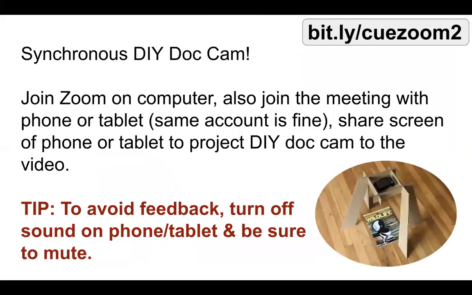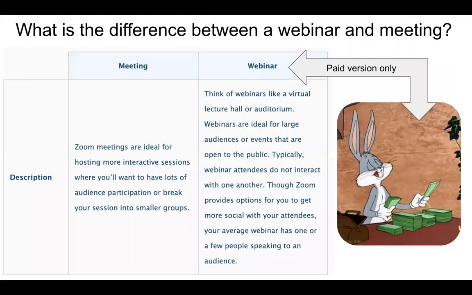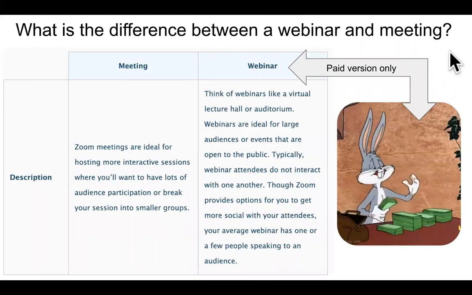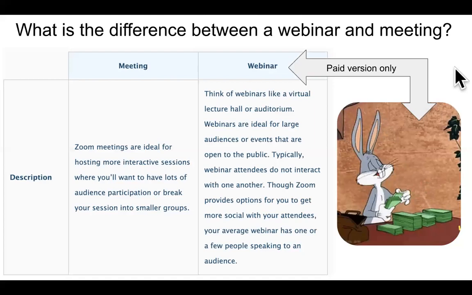All right. So I did want to address this because there is something called a webinar as well as a meeting. Sometimes people will ask me, first of all, the webinar is only available on the paid version. To be honest, I've not once ever used the webinar as a host. I have been on webinars with CDE. These are webinars that have thousands of people that join.